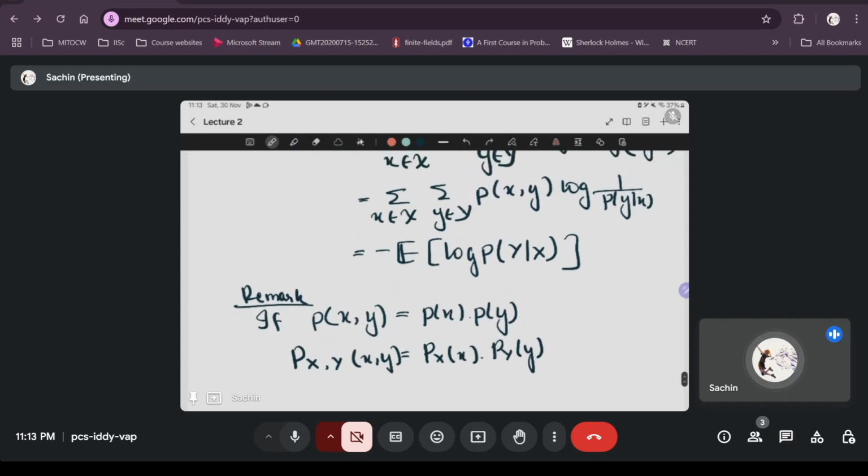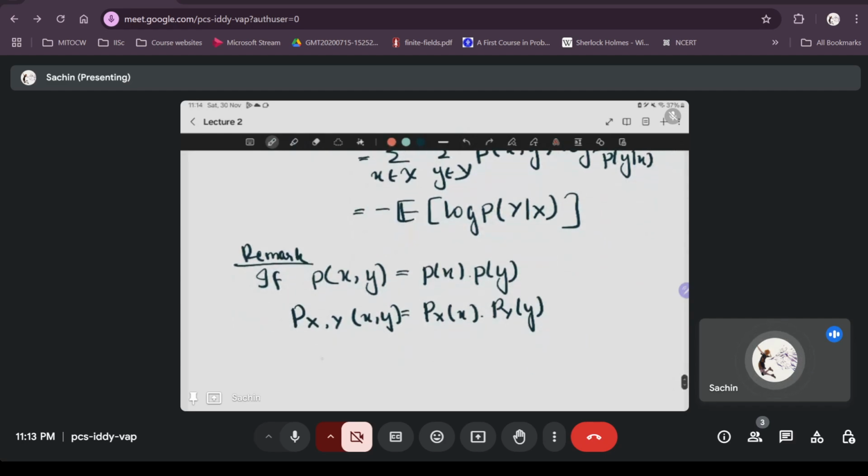In that situation, the probability of y given x will be nothing but the probability of y.